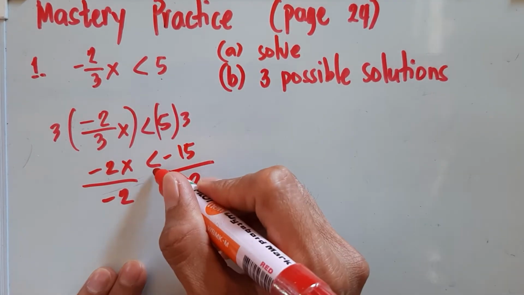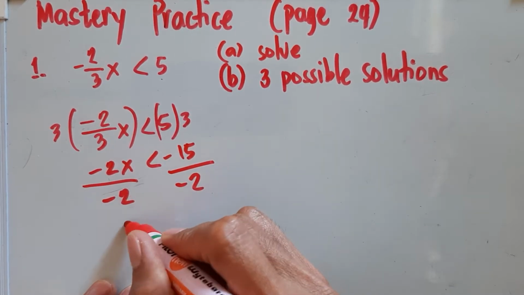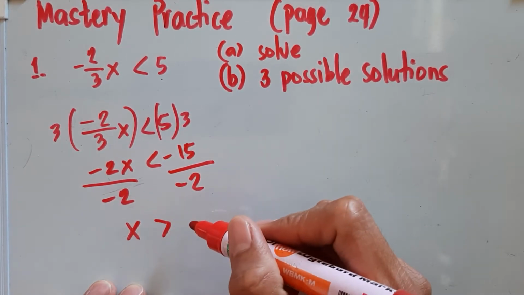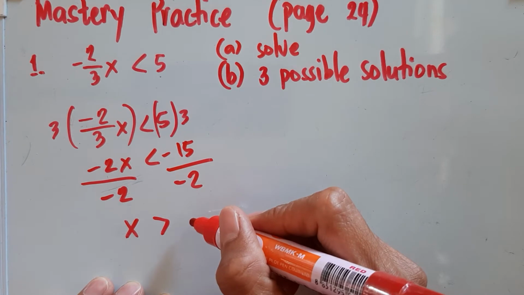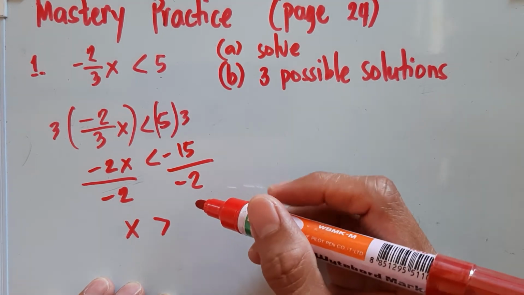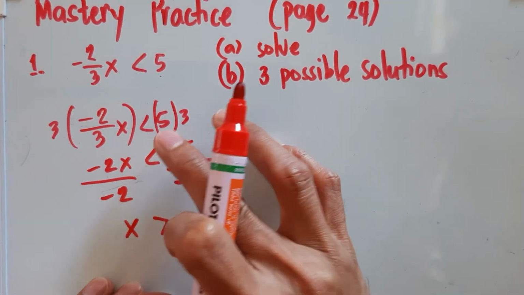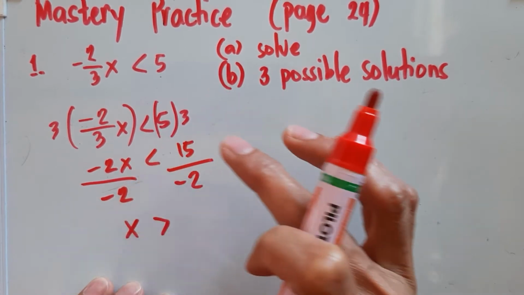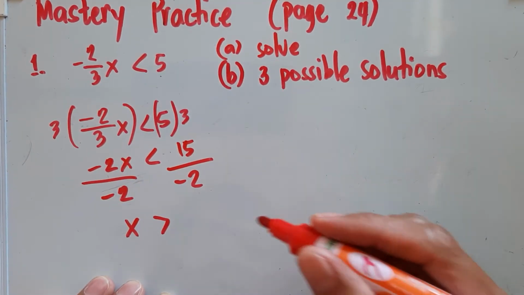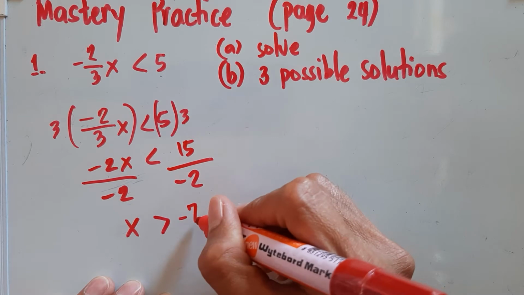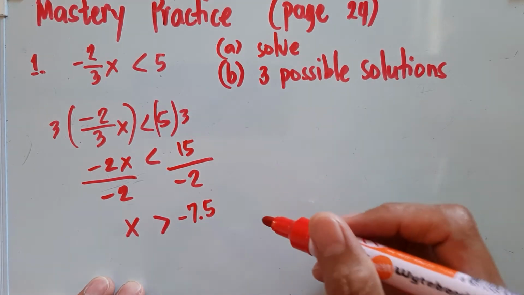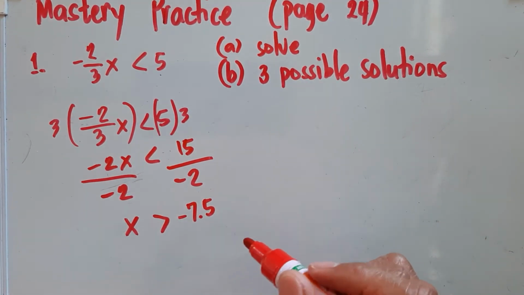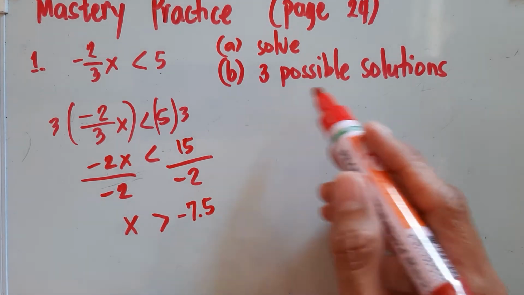So instead of less than, it's going to be x is more than 15 divided by negative 2. Oh, I'm sorry, it should not be negative 15. 15 divided by negative 2 is negative 7.5. Okay, so what are the 3 possible solutions?